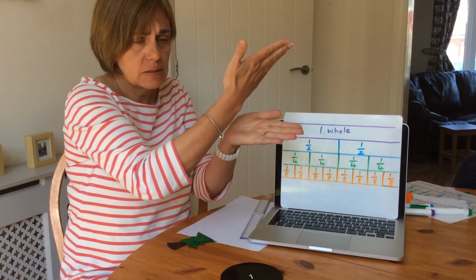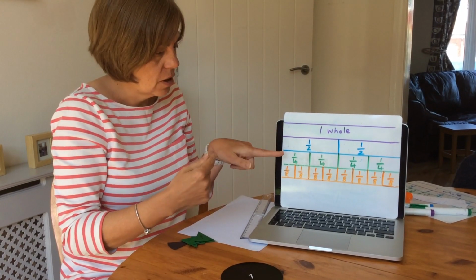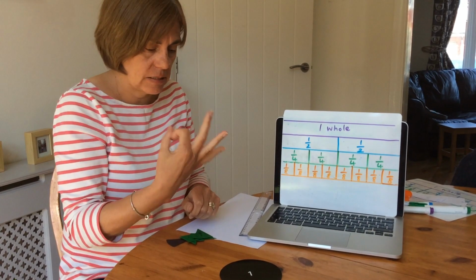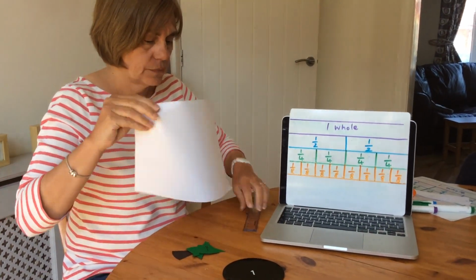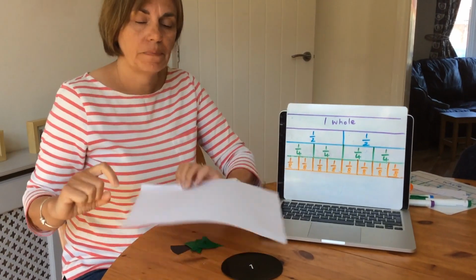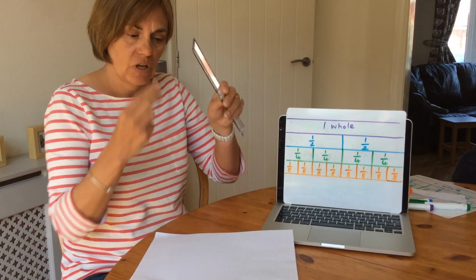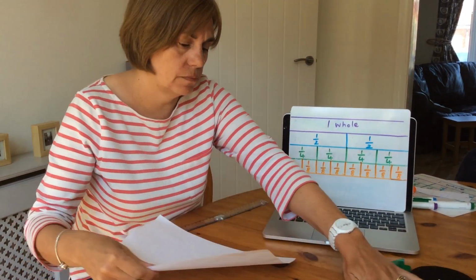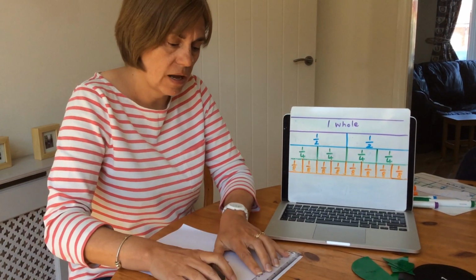Then we're going to divide it into halves, then quarters, then eighths. Okay, and you can do this. Get some paper, get a ruler, and you can draw. Just draw some lines.